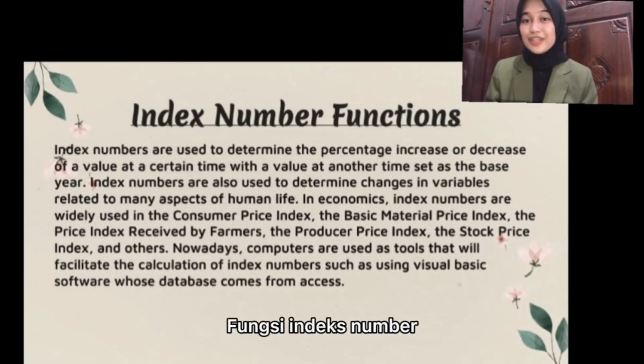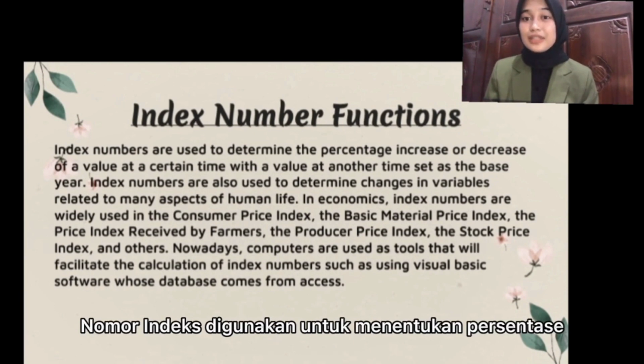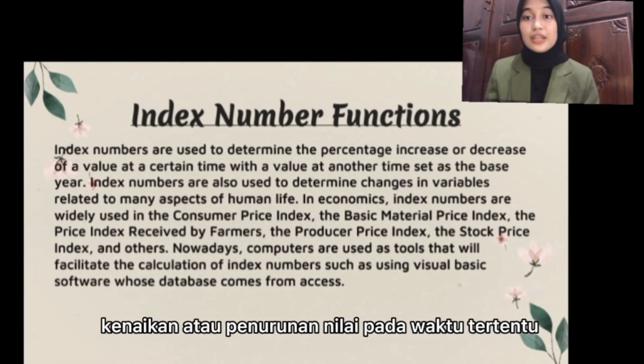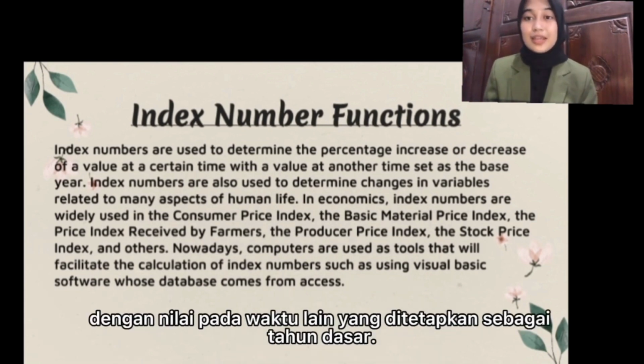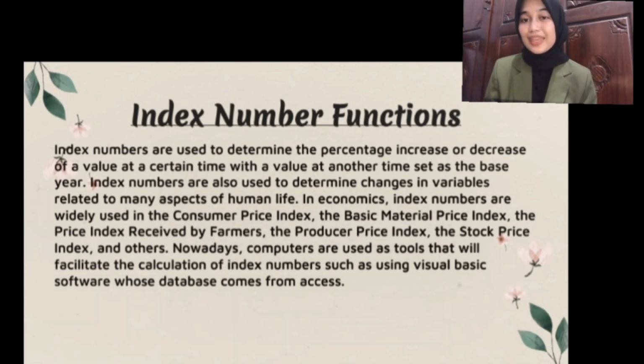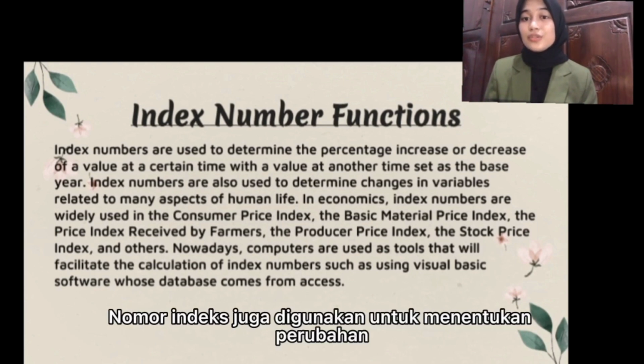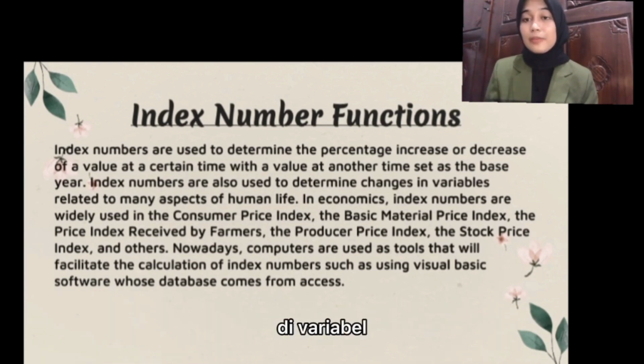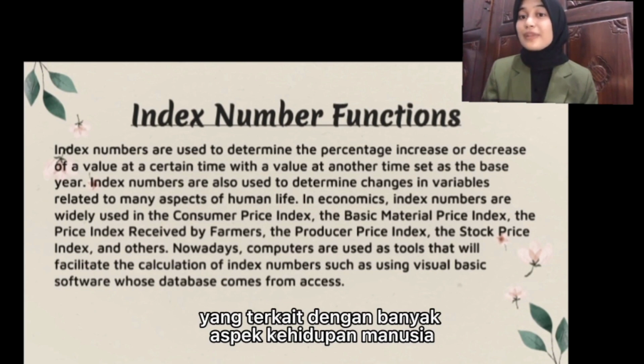Index number function. Index numbers are used to determine the percentage increase or decrease of a value at the current time with a value at another time set as the base year. Index numbers are also used to determine change in variables related to many aspects of human life.